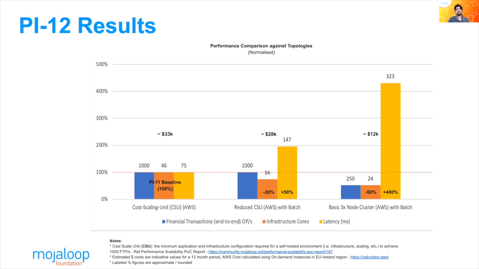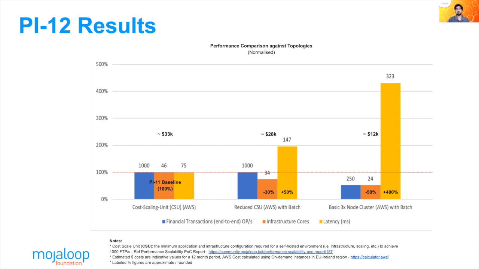The only difference is there is a reduction in general computing workers, which actually resulted from a reduction of 7 to 4 nodes on AWS. And this actually resulted in, you can see the figures just above the boxes. Initially on the baseline, we had 46 CPUs. Now on the reduced CSU with batching, we only needed 34 CPUs to achieve the same 1,000 financial transactions per second.